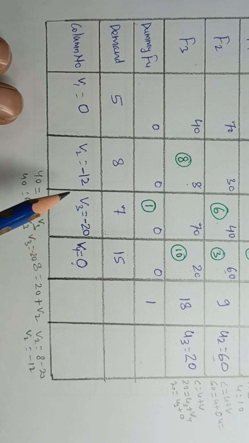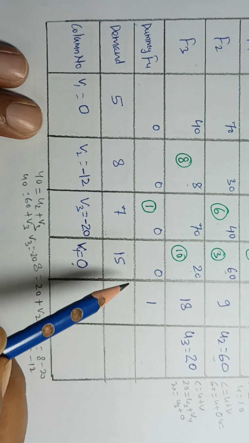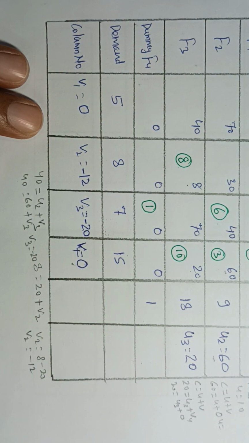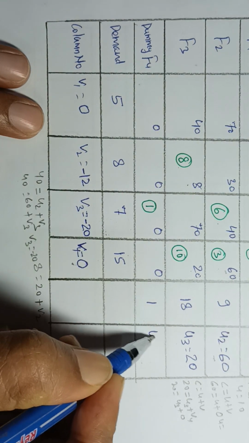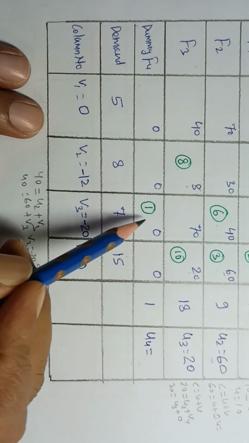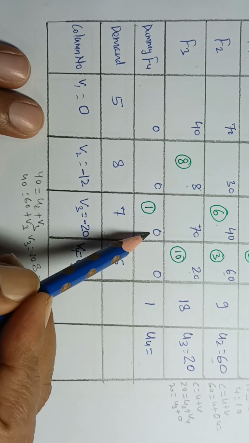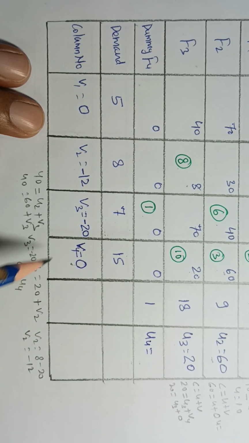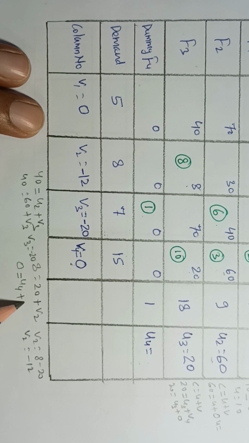We will calculate this row also, and we will consider here U4. We will consider this cell, and here the value of C is 0, equal to U4 plus V3.